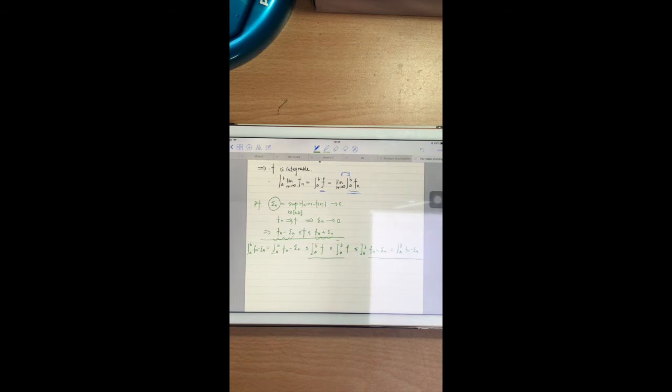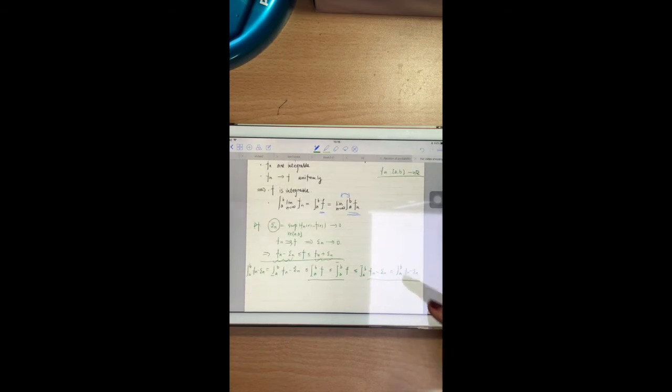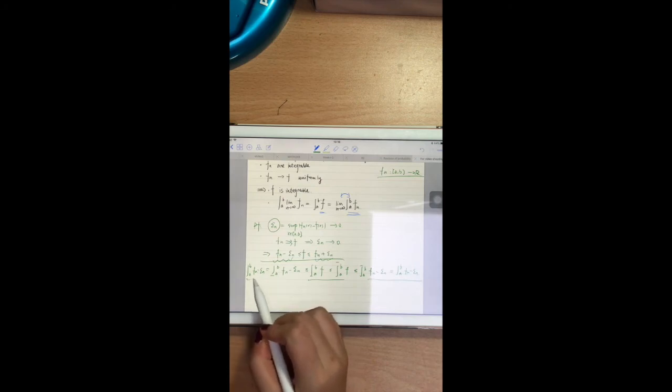This is because we know that the f_n are integrable; it's in the condition that all the functions f_n are integrable, and epsilon is a sequence of numbers, so it's integrable too. Since f_n minus epsilon is integrable, its upper sum is equal to its integral, and the lower sum is the same. So we have two equalities here.